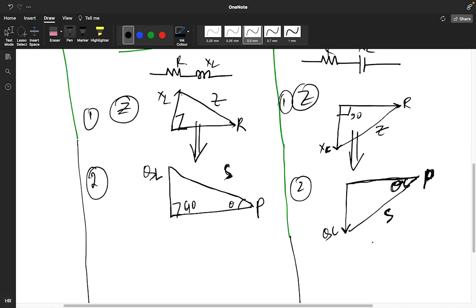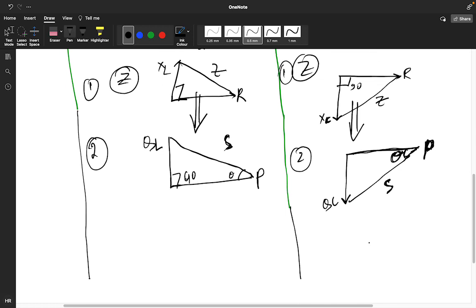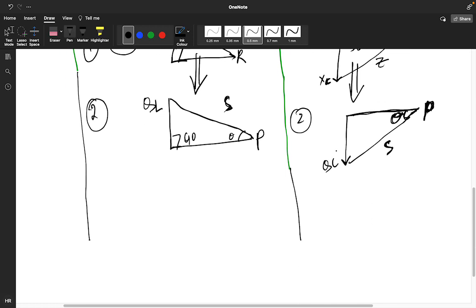Okay, this is your reactive power. So how can you represent this in the phasor form? S is equal to P minus jQC. And how will you represent the RL network in the phasor form? S is equal to P plus jQL.